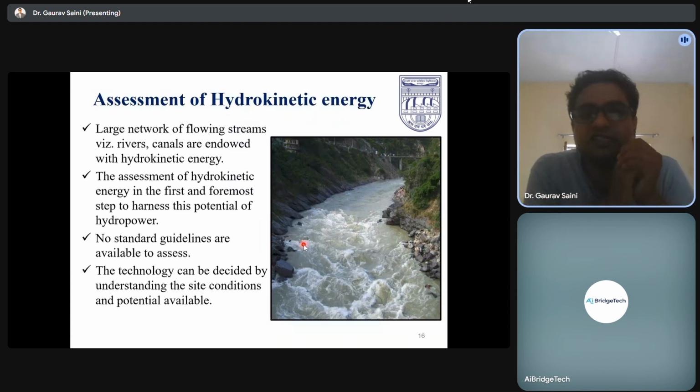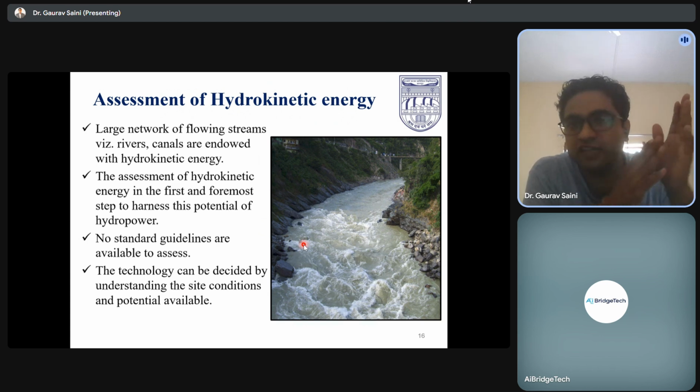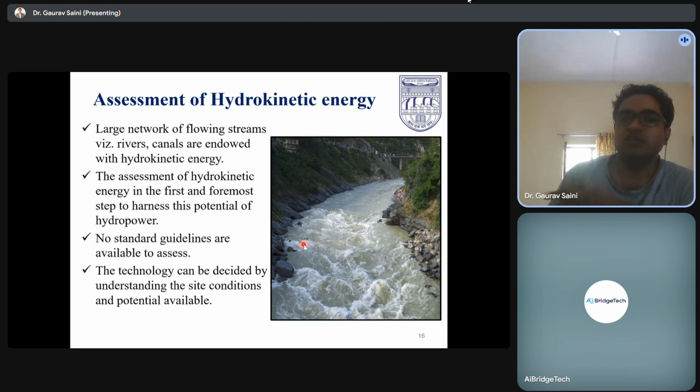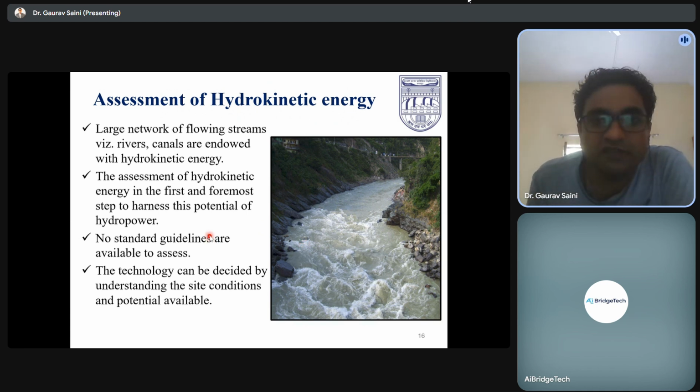So why is the assessment necessary when we are talking about hydrokinetic energy? Because, as we understood, power generation has a cubic relationship with the velocity. If we are not taking velocity as a serious part of the assessment, we are losing a lot of energy.